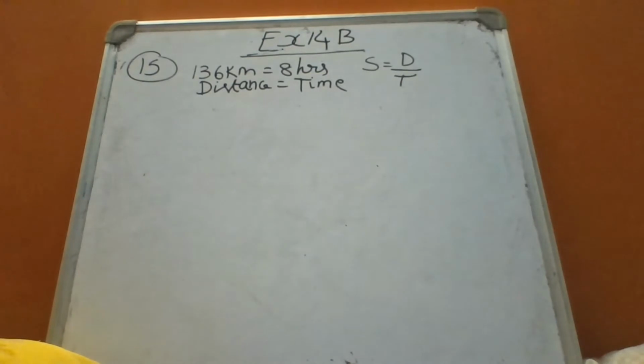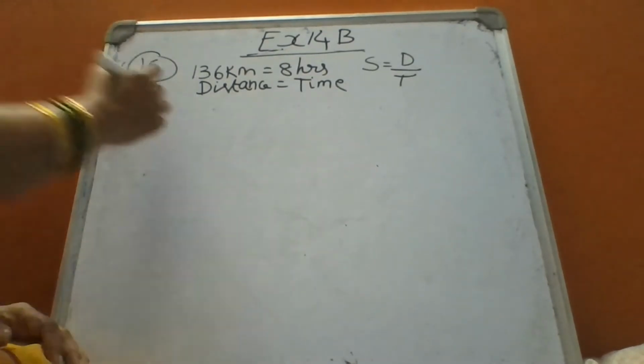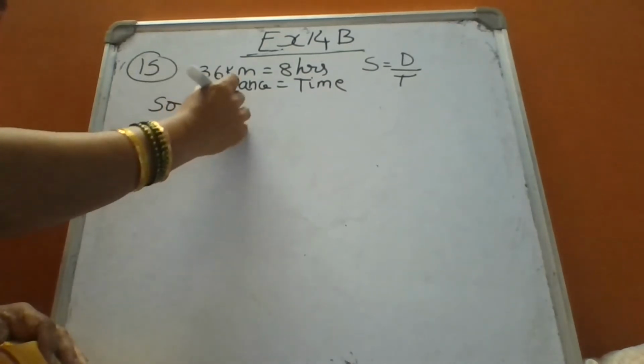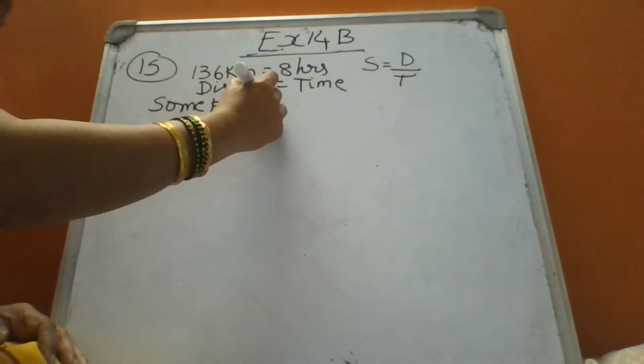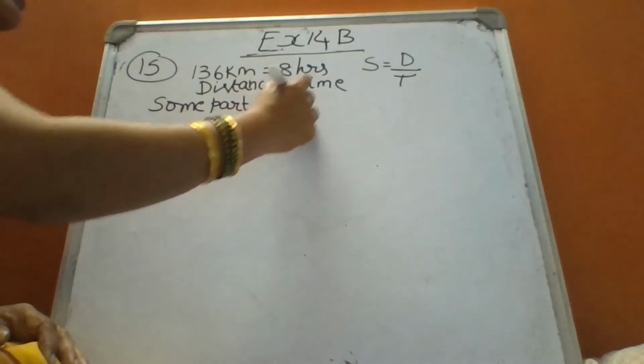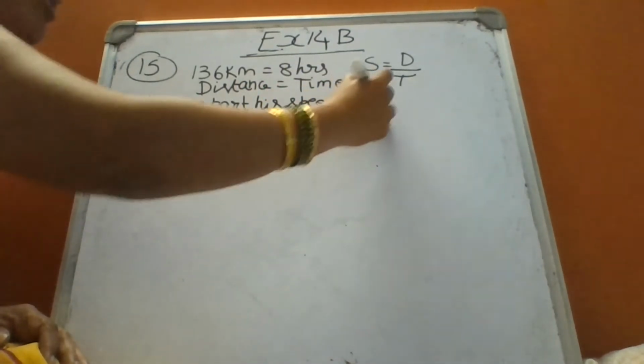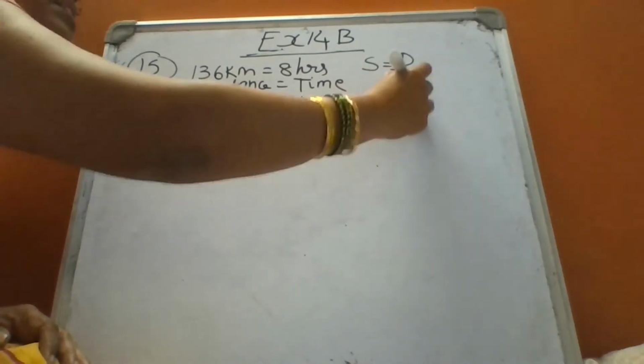Now, some part of his trip he covered with 15 kilometer per hour, the speed was 15 kilometer per hour.